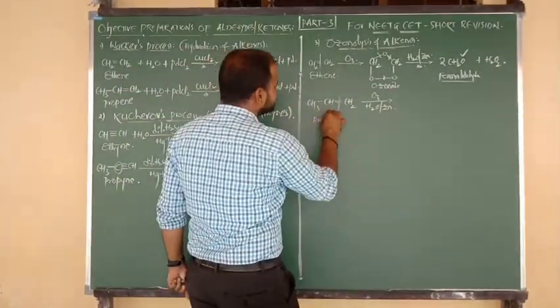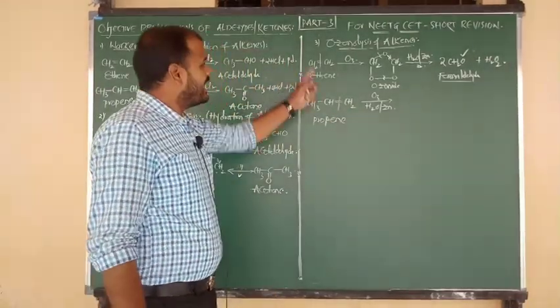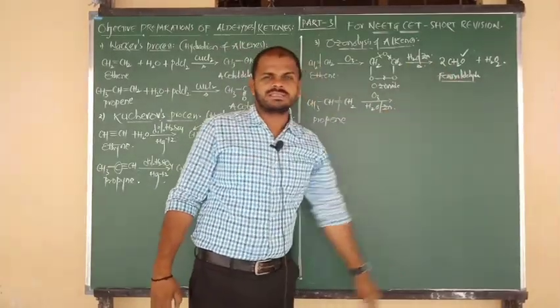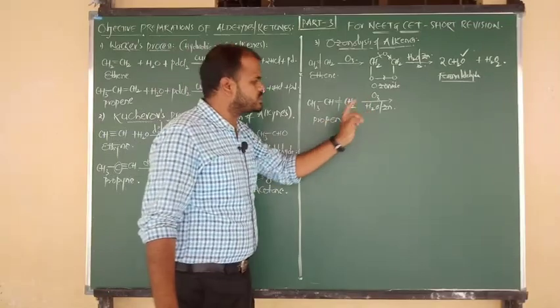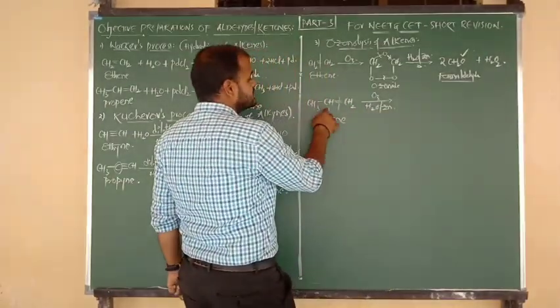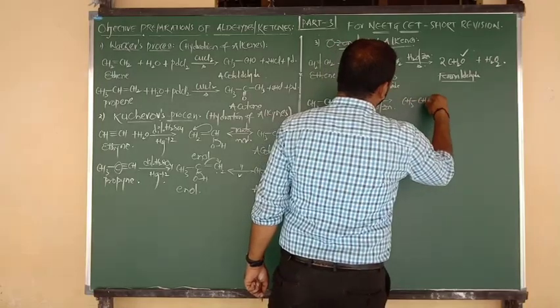And anyway, what is the name of this compound? Propene. So propene upon ozonolysis gives the product. Ethene or ethylene upon ozonolysis gives 2 moles of formaldehyde, and propene or propylene upon ozonolysis gives the product, nothing but CH3CHO.